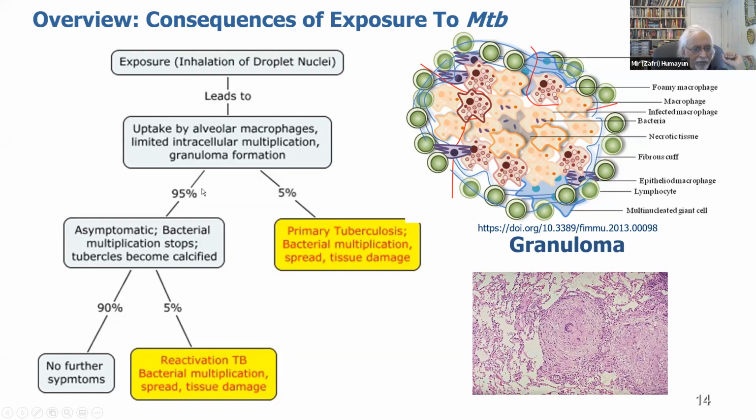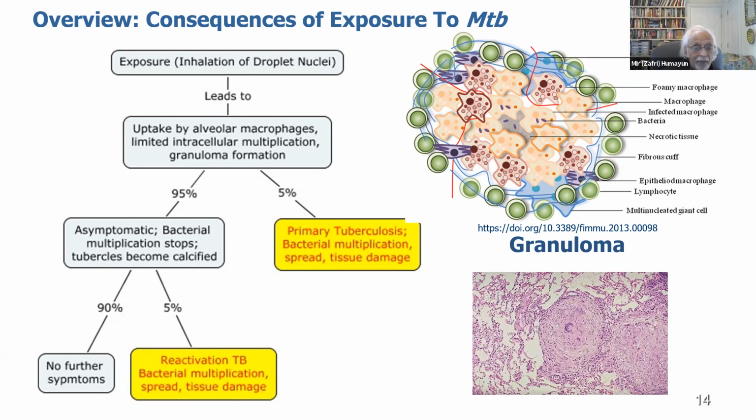For a majority of individuals, in fact, 95% of the individuals who are exposed to TB infection through this route, they become asymptomatic. Okay? Here, in this case, the bacterial multiplication stops. The bacteria do not quite die, but they remain contained indefinitely.